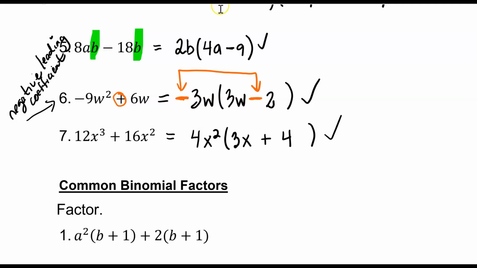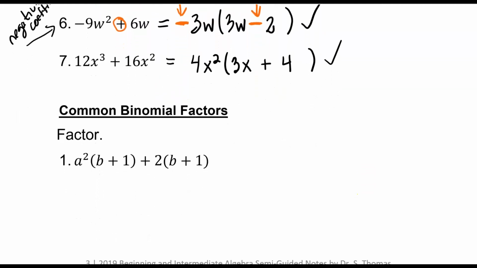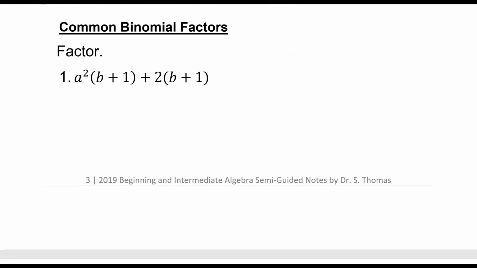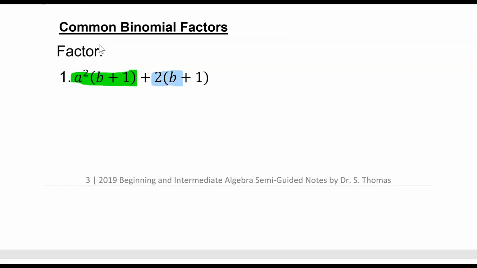All right, let's talk about common binomial factors. This is a little different, but here's what I want you to notice. I want you to look at this as 1 unit, and I want you to look at this as 1 unit, and tell me between what's green and blue, what do you see in there that's identical?